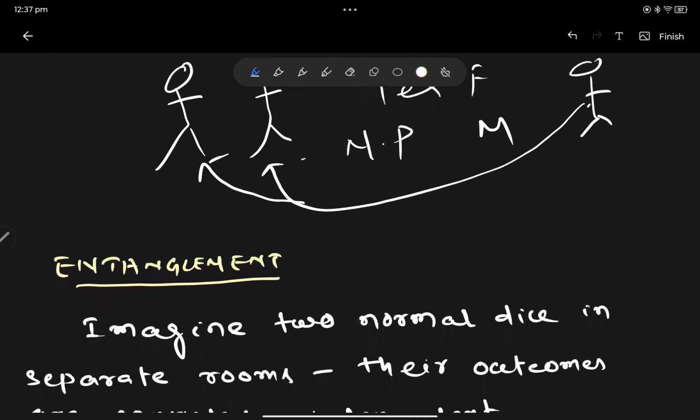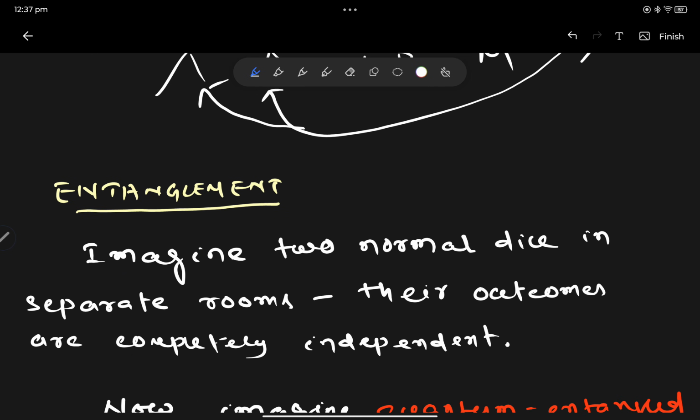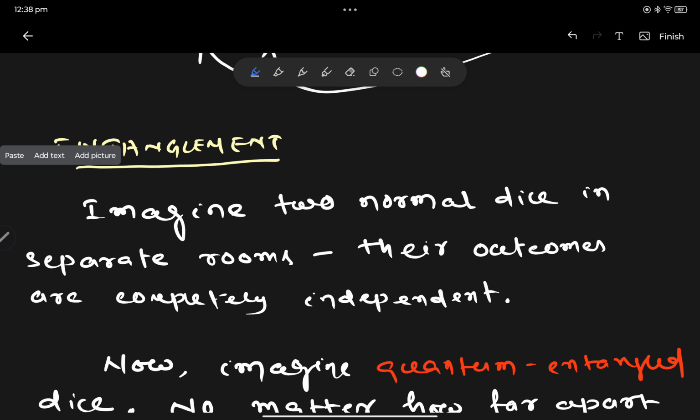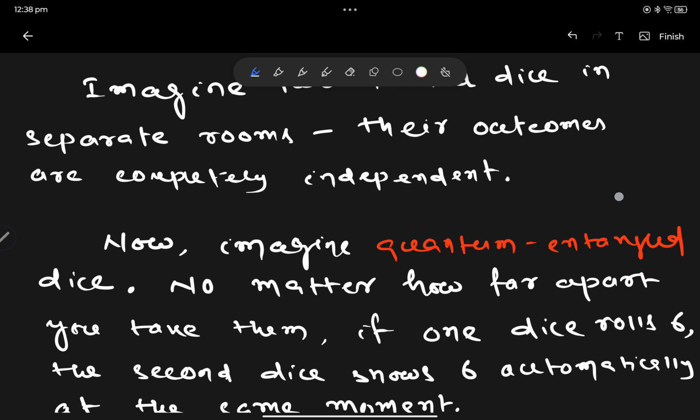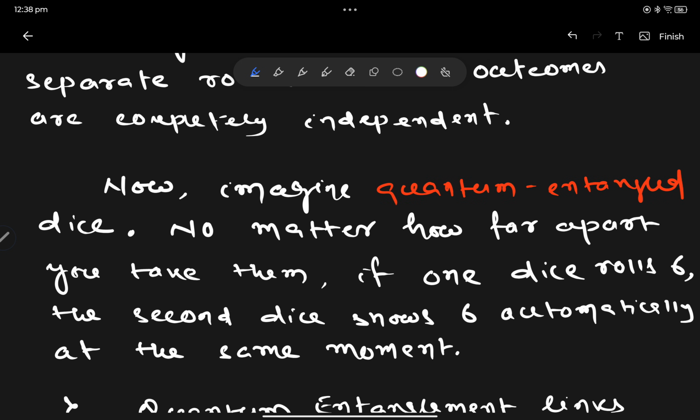Now, there is another aspect: entanglement. What do you mean by entanglement? Think of playing Ludo. Imagine two normal dice in separate rooms. When you roll them, their outcomes are completely independent. Now, what is entanglement? Even if they are millions, billions of kilometers apart, imagine quantum entangled dice.